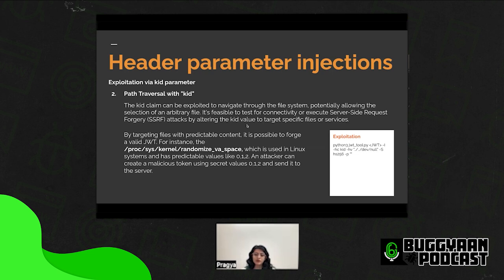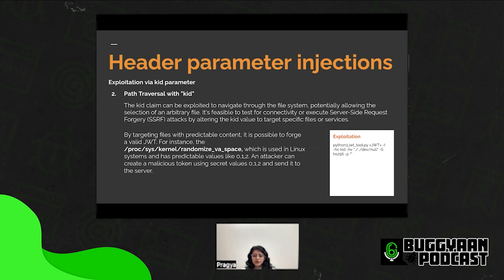You can also check for SSRF by changing the KID value to target specific files or services. You can try an SSRF payload to see if you can access any other file inside the server. For example, in Linux systems, and Windows systems also, we have some. This is an example: the file proc/sys/kernel/randomize_va_space. This is used in Linux systems, and it has predictable values like 0, 1, 2.